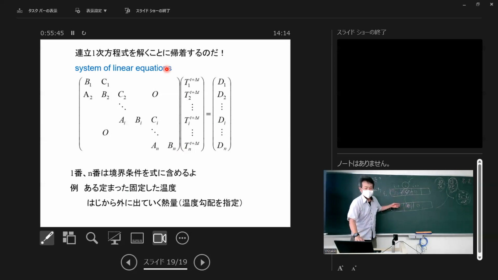But this results in a system of linear equations.